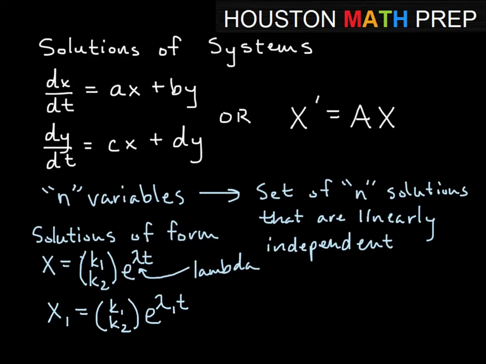Then we'll have another solution, we'll call it x2, with some constant for x and some constant for y, times e to maybe some other multiple of t. We'll call that lambda 2. And these values for lambda are going to be very important and allow us to solve the systems eventually.